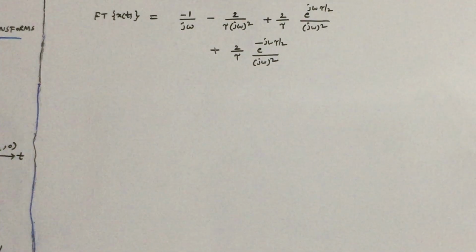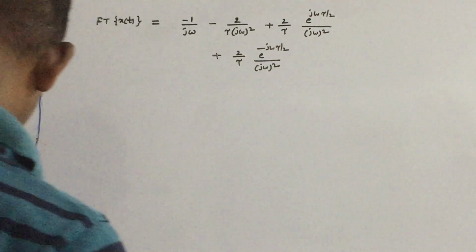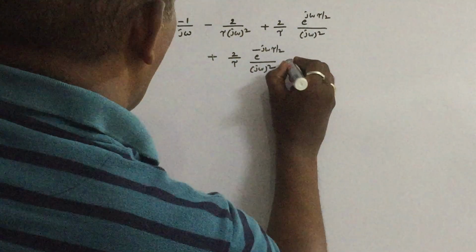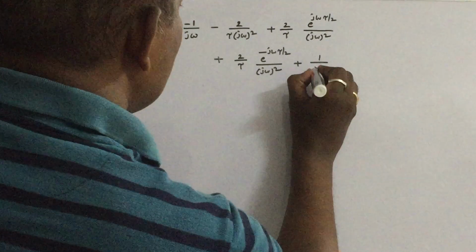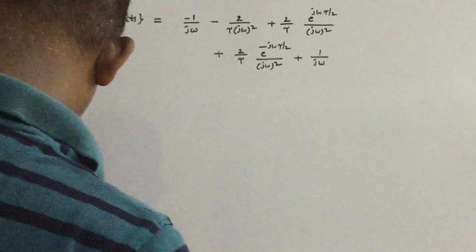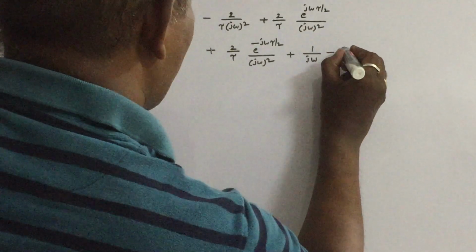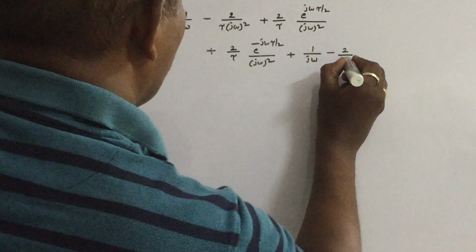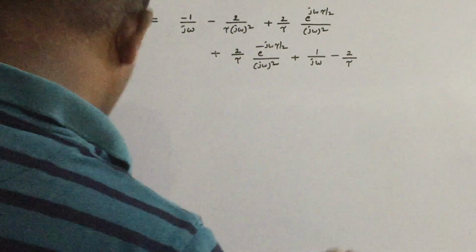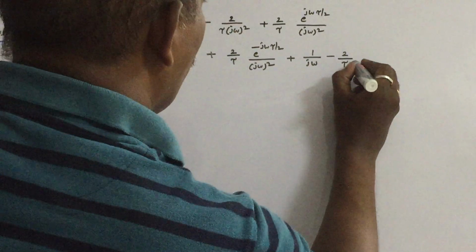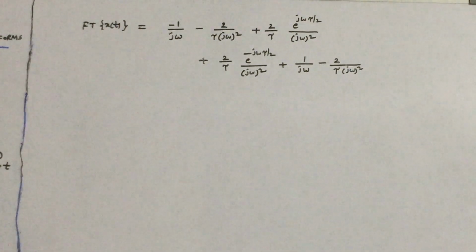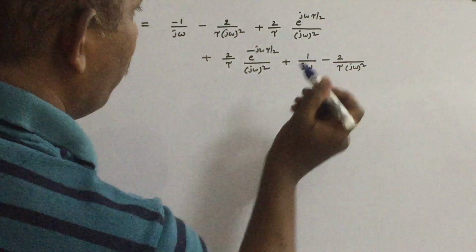If you substitute the lower limit, it will come out as 1 by j omega, and it will come out as minus 2 by tau into 2 by j omega whole square. So after substituting the upper limit and lower limit, carefully substitute.